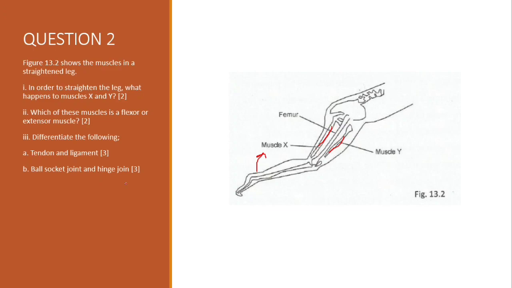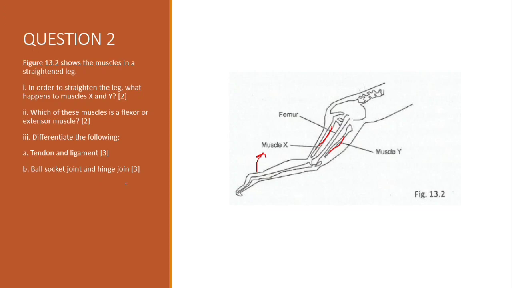So what are the differences between these two types of synovial joints? Looking at a ball and socket joint, these are synovial joints where one bone has a round head, the ball, and another has a depression, which is a socket. These joints allow movement in three planes.